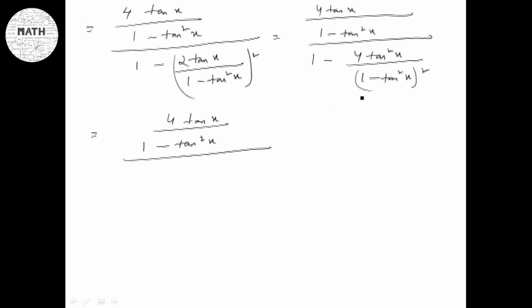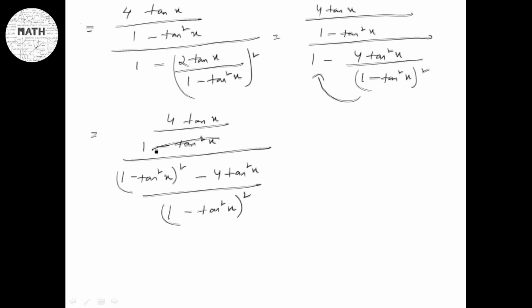Now this one I'm going to take the LCM. So that will be nothing more than (1 − tan²x) the whole thing squared minus 4 tan²x, and then divided by (1 − tan²x) the whole thing squared.